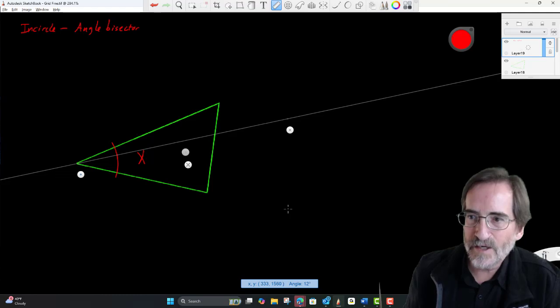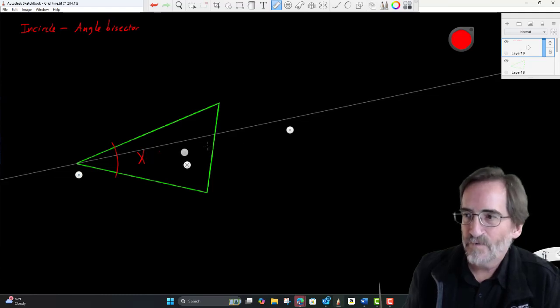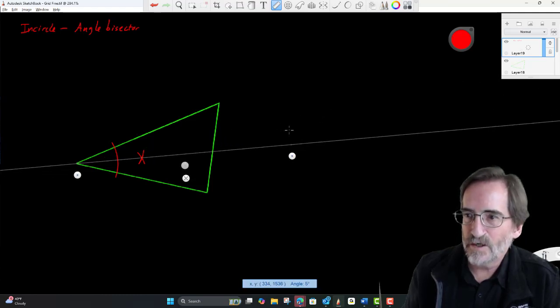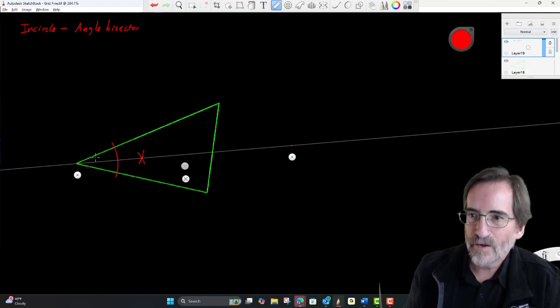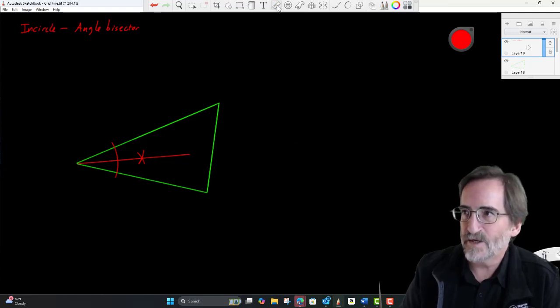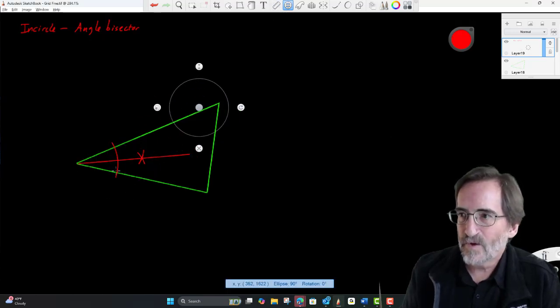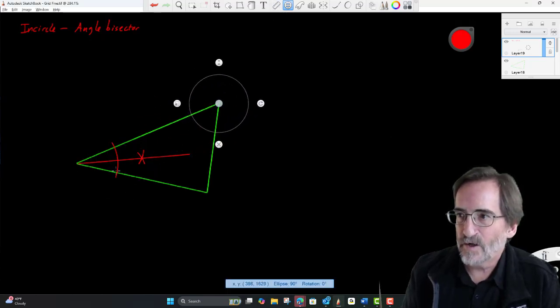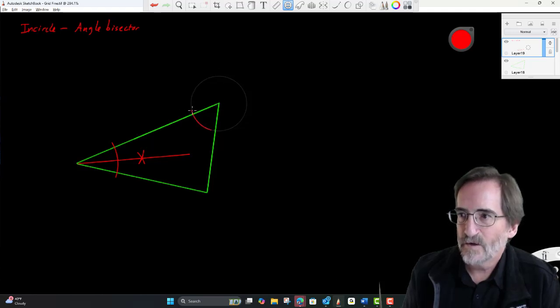The angle bisector connects the vertex to the intersection that we just drew. So that's the angle bisector. Let's go ahead and find the angle bisector of the other two angles. We're going to put our compass point on one intersection. I'm going to shrink it down a little bit.